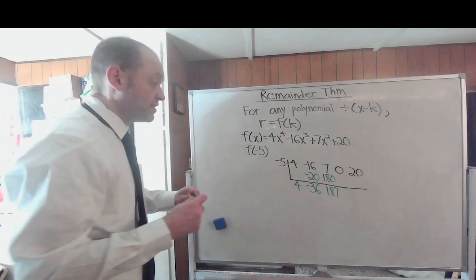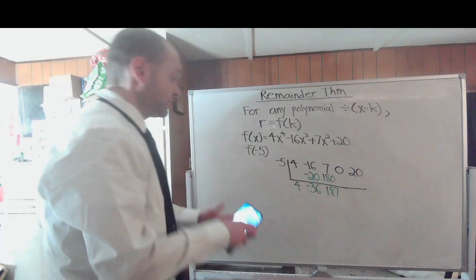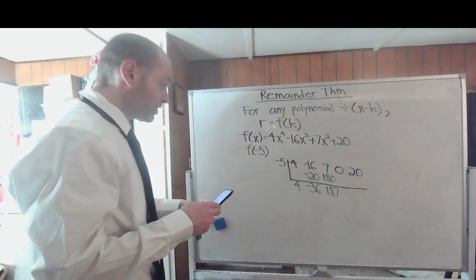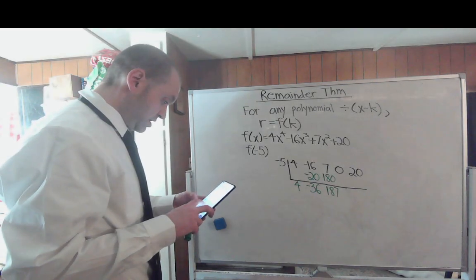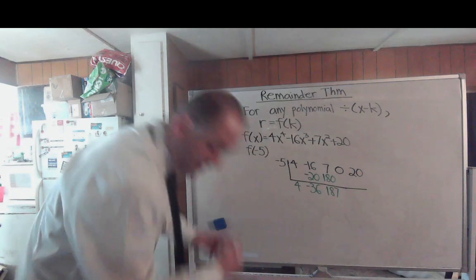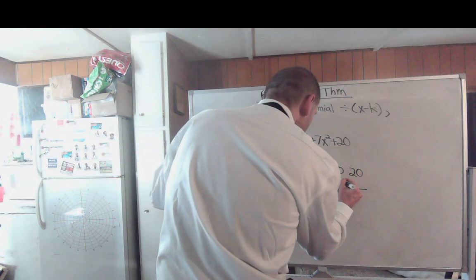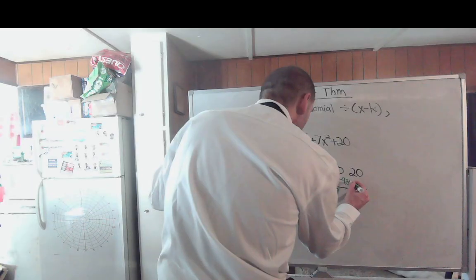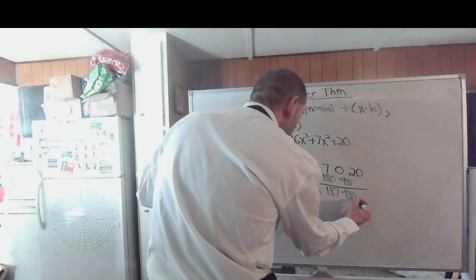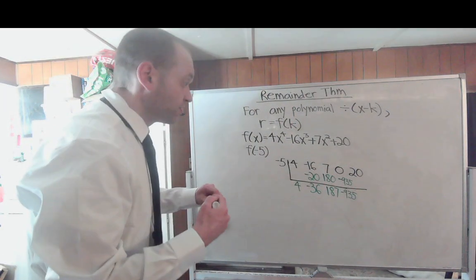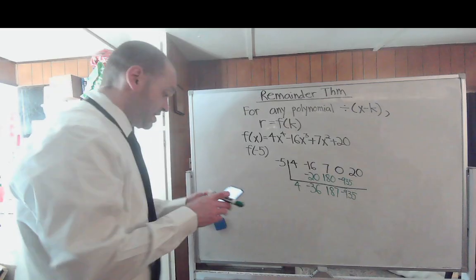Now take negative 5 times 187. You end up getting negative 935. So add that to 0. You end up getting negative 935. And then take negative 935 times negative 5.